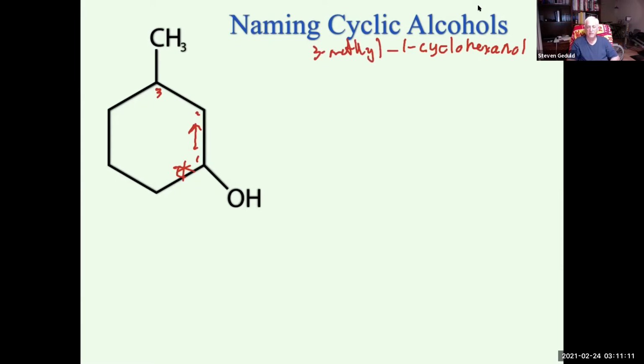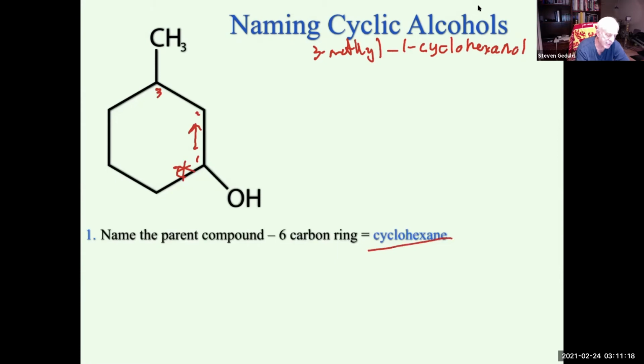Okay, the functional group is always at the number 1 position on the cyclical ring. So you name the parent compound, which is cyclohexane. Okay, 6 carbons, ring structure, all single bonds. You drop the E and add OL. So cyclohexanol.